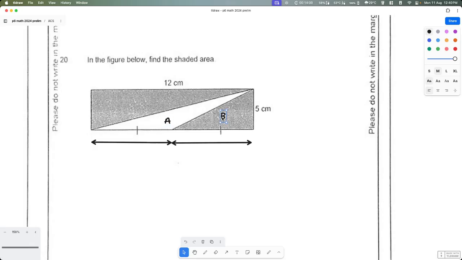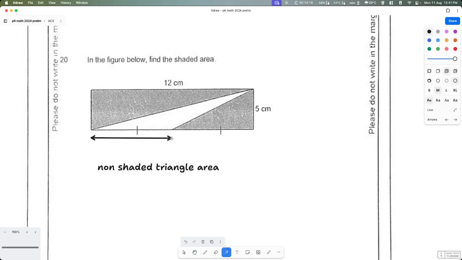We just need this triangle A. Or we call it the non-shaded part. So non-shaded area, which is a non-shaded triangle area.